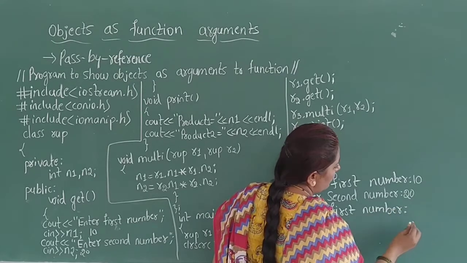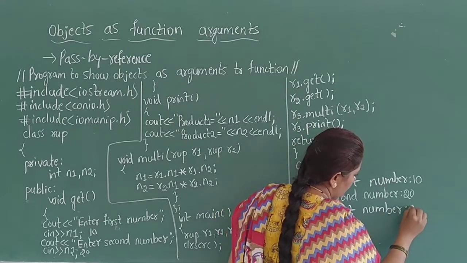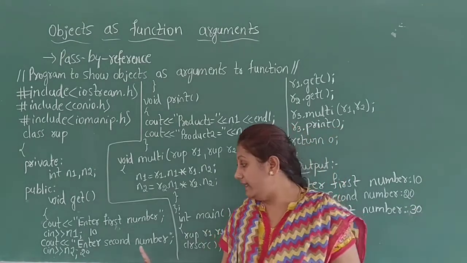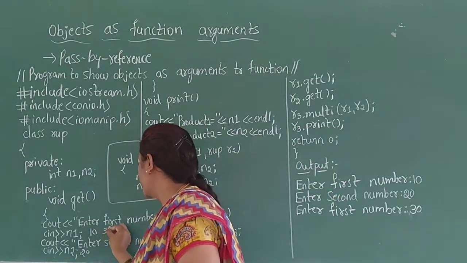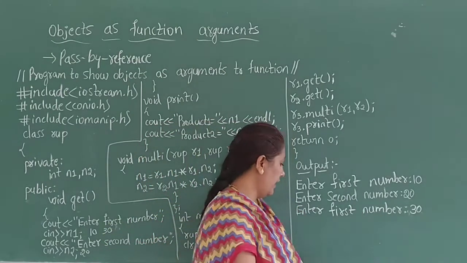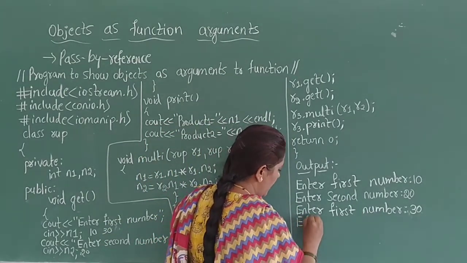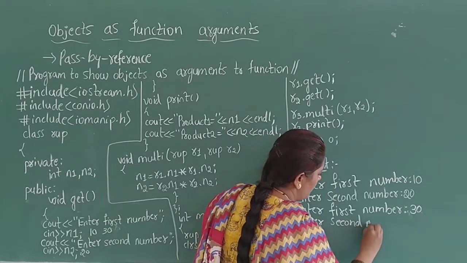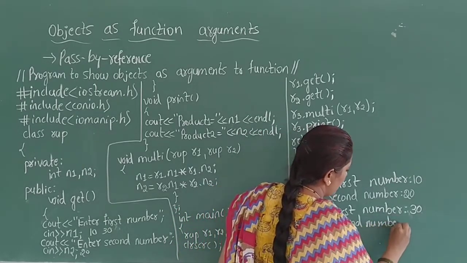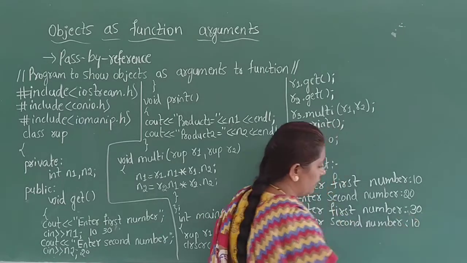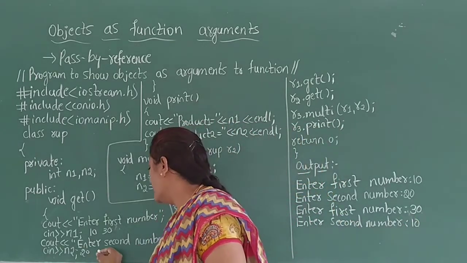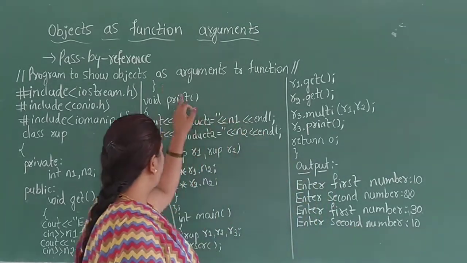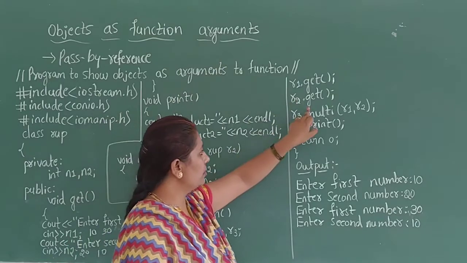Suppose we give the number 30, then the second time N1 value is given as 30. Next, enter second number. Suppose we enter the value 10, then the second time N2 value is given as 10. The get function ends here and comes back to the main function.